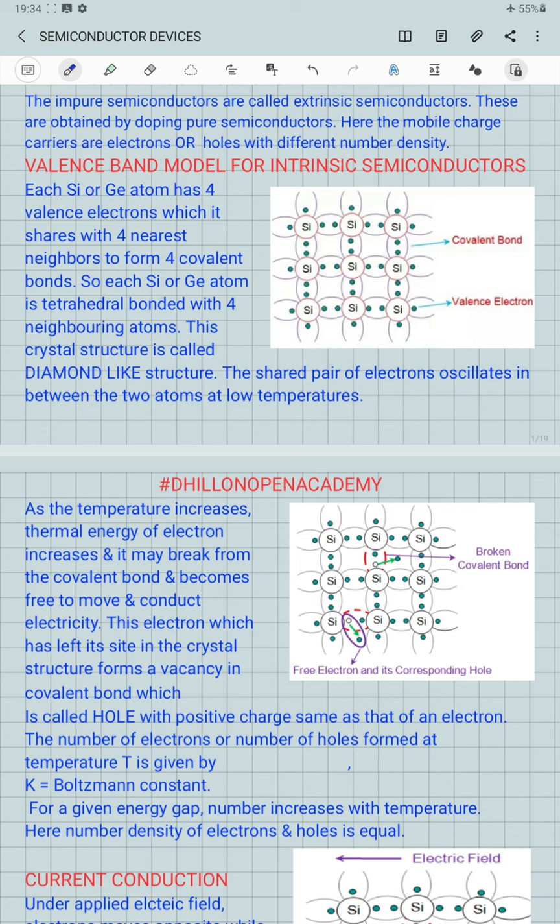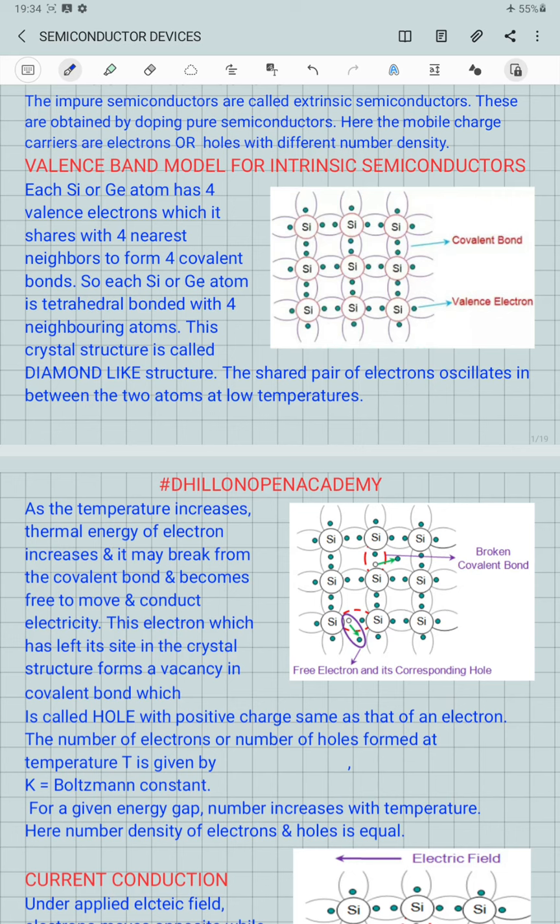That vacant space inside the covalent bond, we call a hole. So a hole is a physical entity which is nothing but an incomplete covalent bond, a site from where an electron is missing in the covalent bond. So it has the same charge but with positive value as that of an electron.